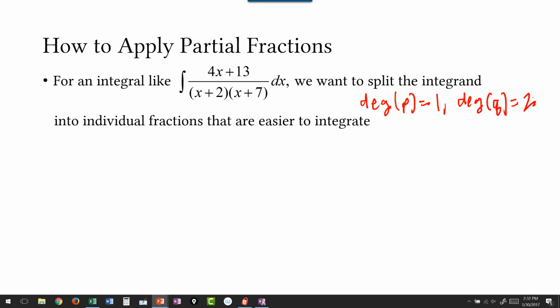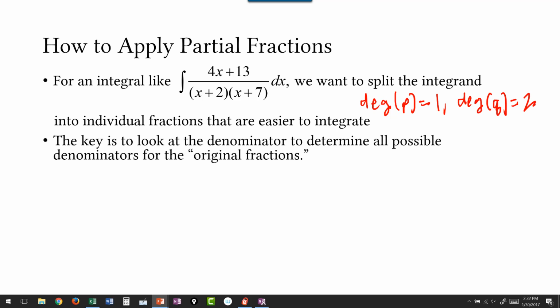So we want to see how we can split this rational function up into individual parts that'll be easier for us to integrate. What we need to do is take a look at the denominator to figure out what the possible denominators for what we call the original fractions might be.